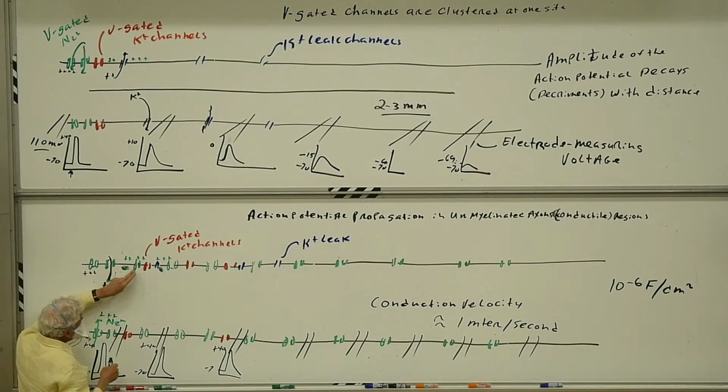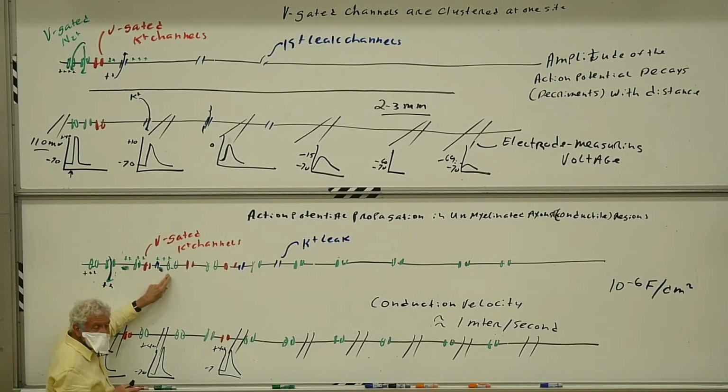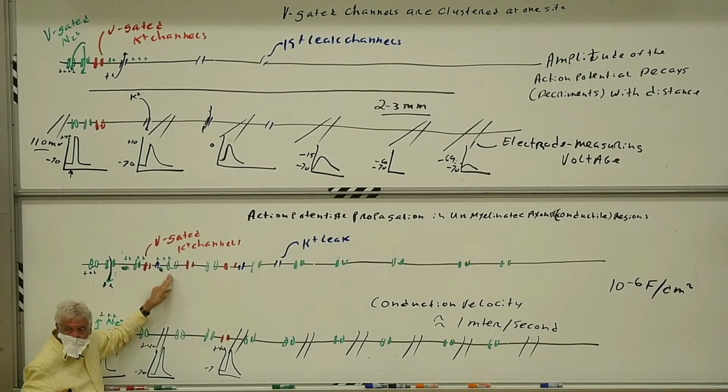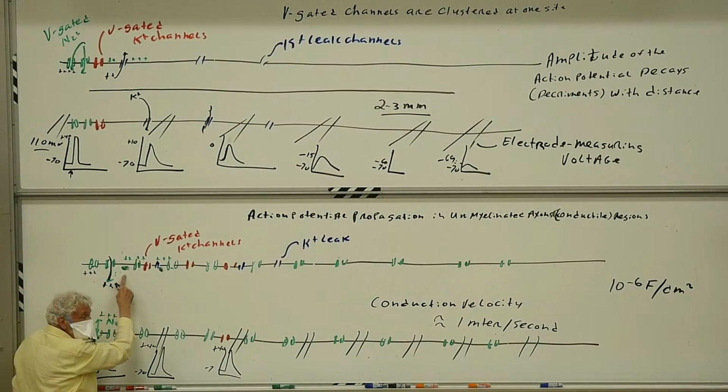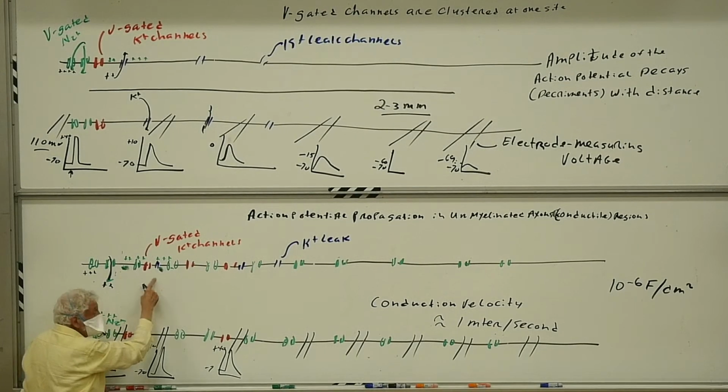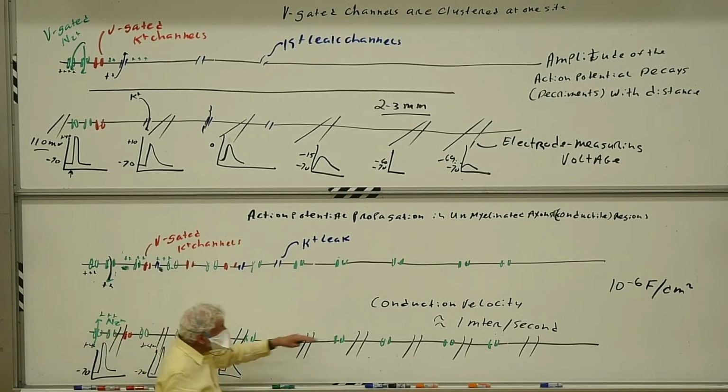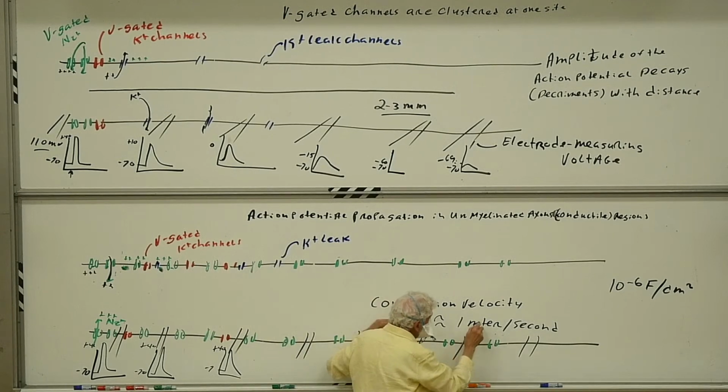We can't really effectively open the next set of channels until we've offset the capacitance. So this really slows things down. It just takes a long time here for the ions coming in at one site to offset the capacitance so you can open the next channel. And that's why we're stuck with about 1 meter per second.